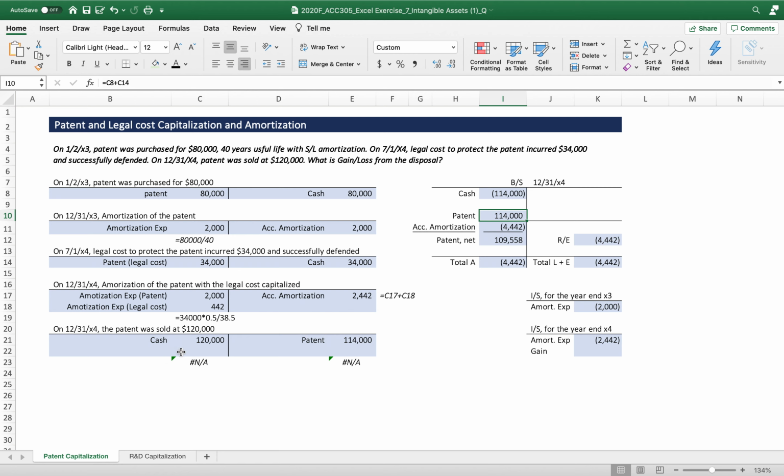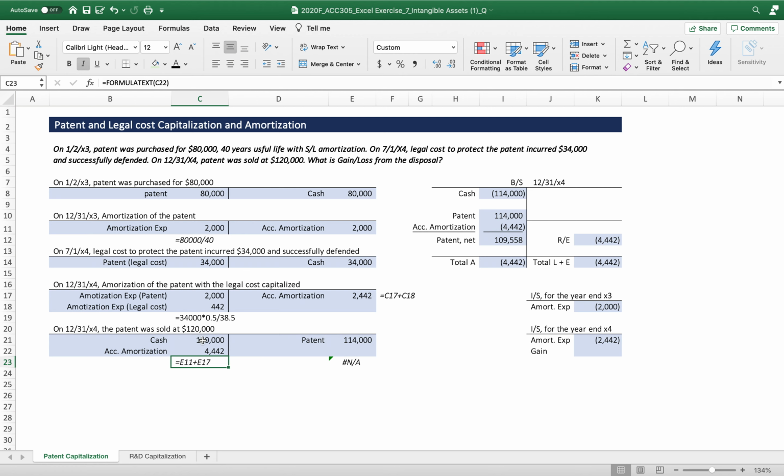Then we need to remove the accumulated amortization from the balance sheet before disposal. It is 4,442, right? Or let's just sum up these two. We have the same result.